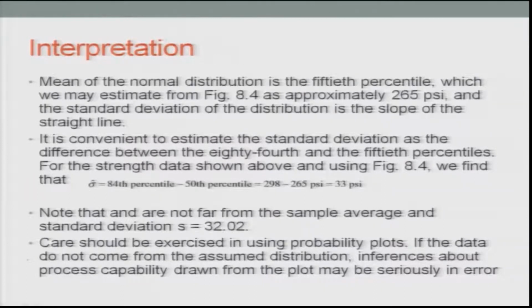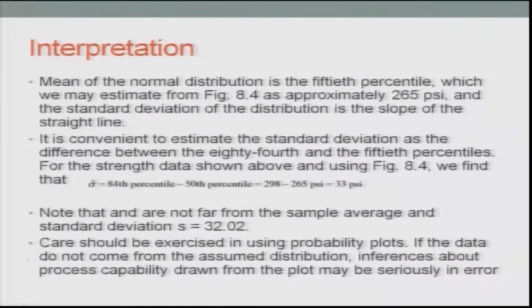The second point says it is convenient to estimate the standard deviation as the difference between the 84th and the 50th percentile for the strand of the data shown, and the value comes out to be about 33 psi. Note they are not far from the sample average, and the standard deviation as we know is about 32.02.